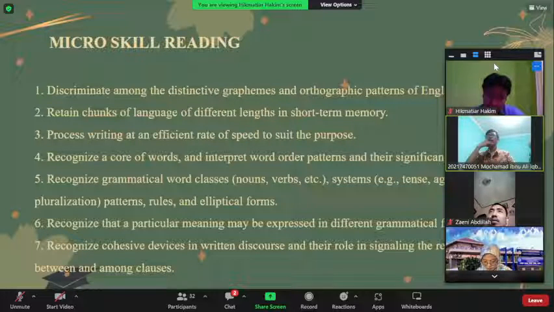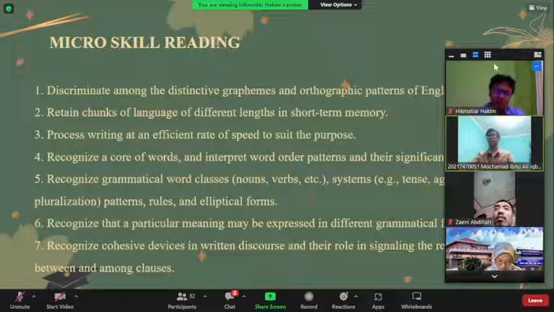Fourth, recognize a core of words and interpret word order patterns and their significance. Five, recognize grammatical word classes like noun, verb, etc. And six, recognize that a particular meaning may be expressed in different grammatical forms. Seven, recognize cohesive devices in written discourse and their role in signaling the relationship between and among clauses.